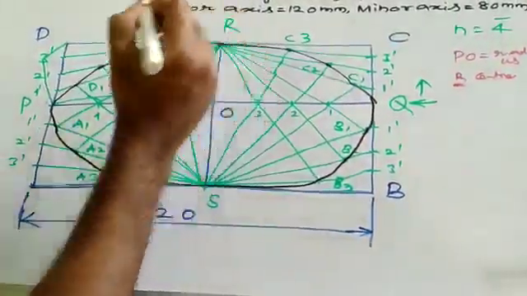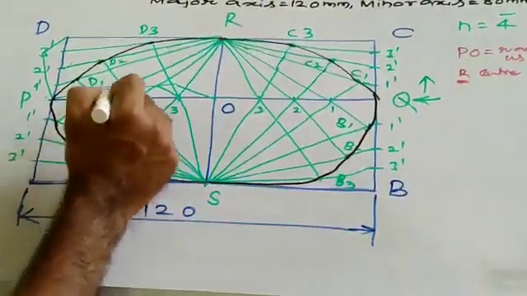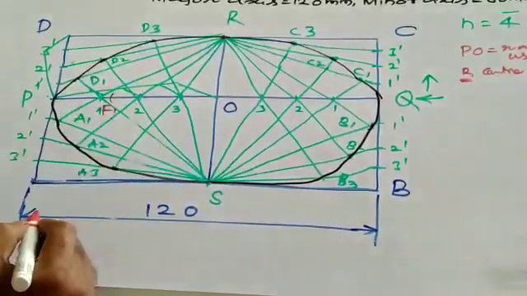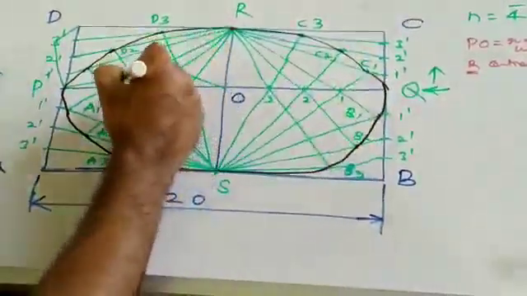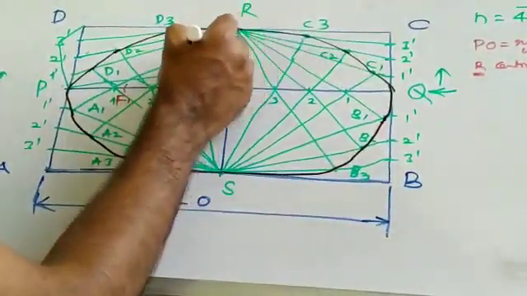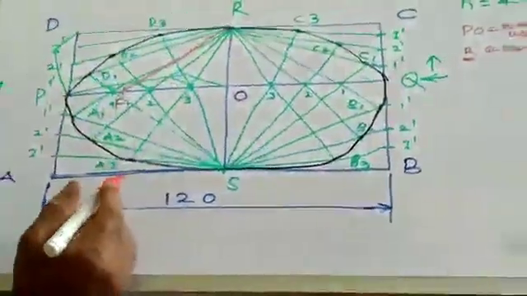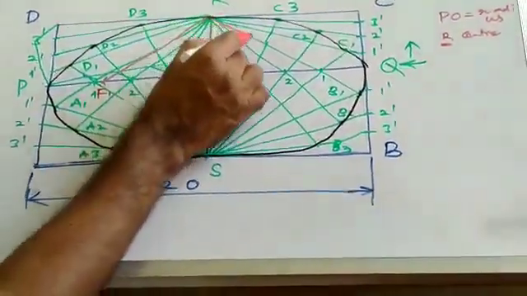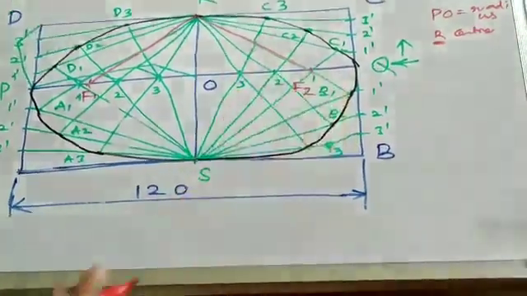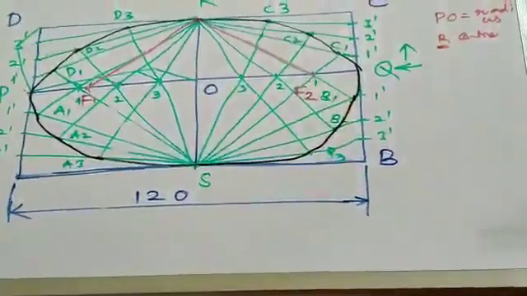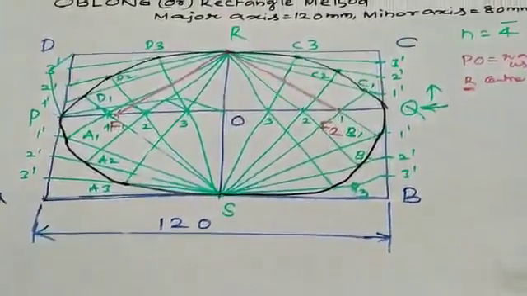So R is a center. We have to draw a point by using a compass on major axis. This RF1 exactly equals the length of PO. Similarly, another point, you will get F1 and F2.